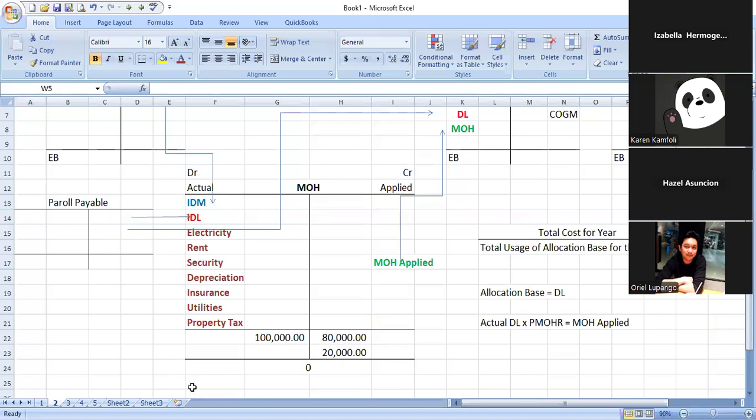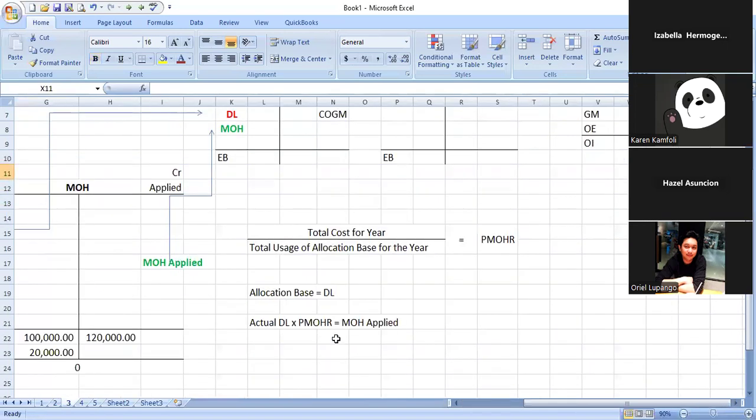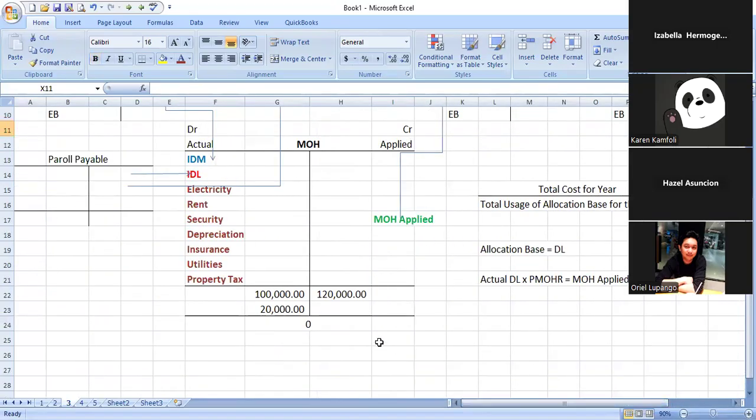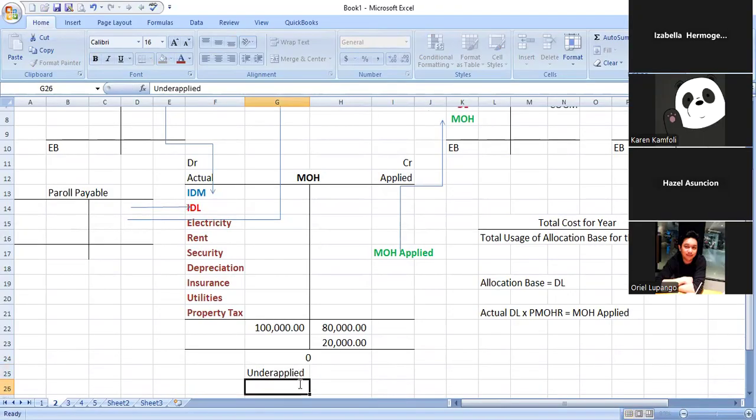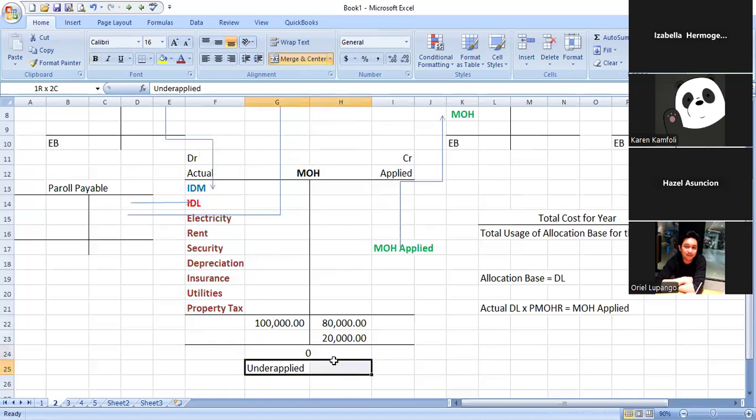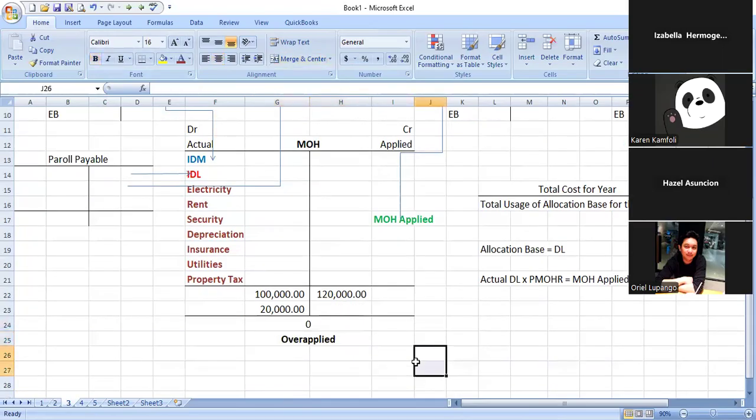That's under applied here. Over applied is this scenario here. So in this scenario, we have 120. Let's put it here, over applied, so once I give you this chart later, you know which one is over applied and which one is under applied. And let's make it equal. So one is over applied, this is our scenario.